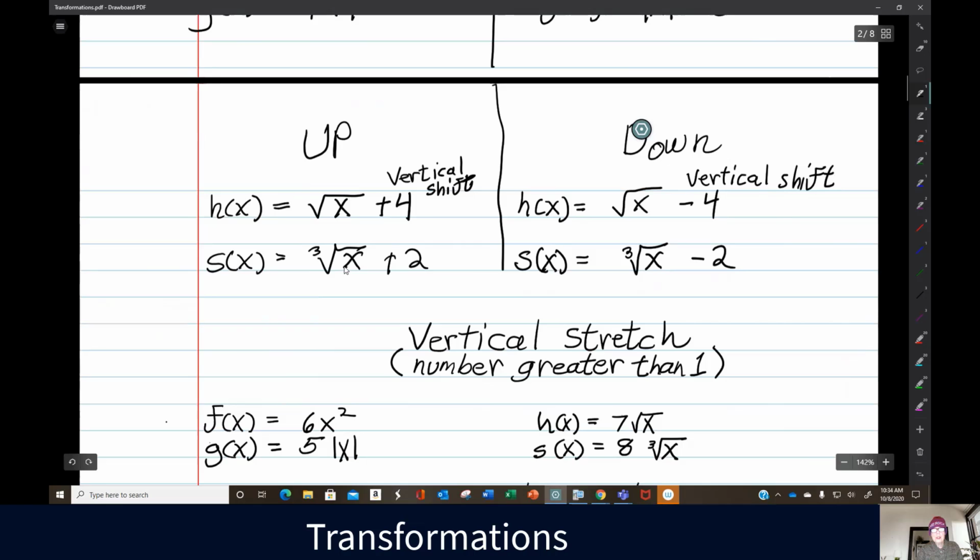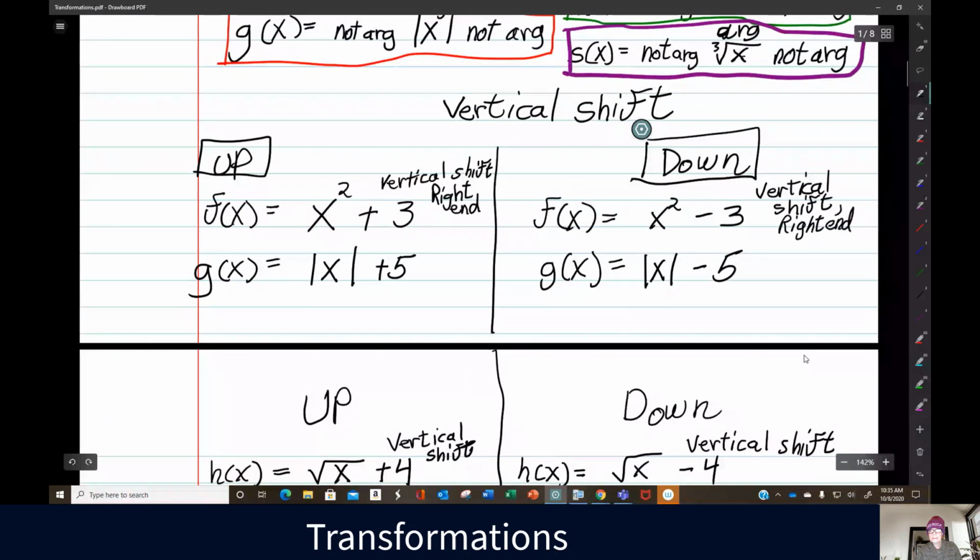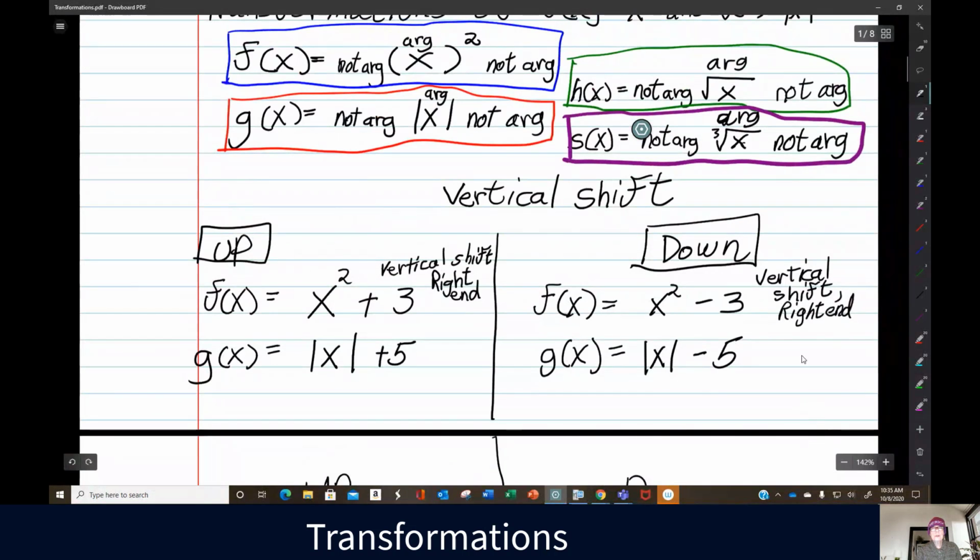And if I want to shift the cube root of x up 2 units, I just put a plus 2. Right end, outside the argument, like these are. All vertical movement takes place by coding outside the argument.